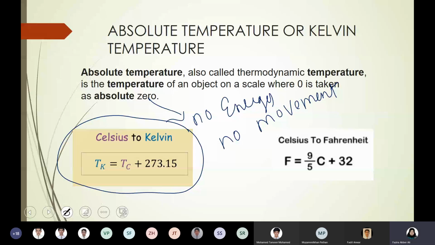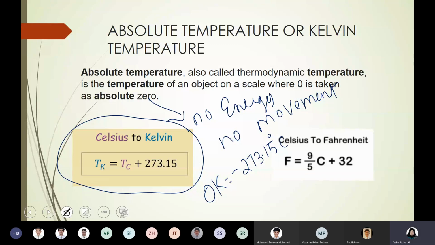You might have heard that 0 Kelvin is equal to minus 273.15 degrees Celsius. If you want to reach the absolute temperature, 0 Kelvin, that is no movement, then you have to cool an object to negative 273.15 degrees Celsius, which is an unachievable temperature.